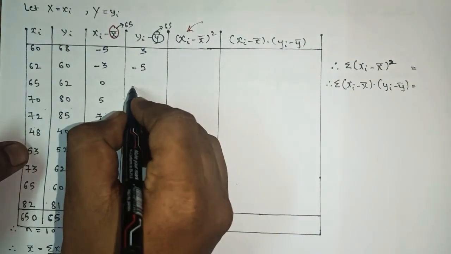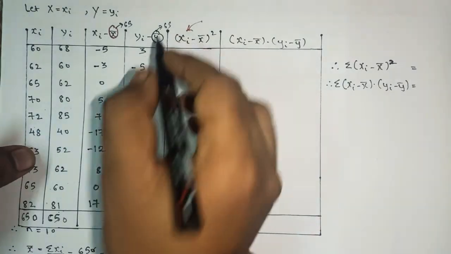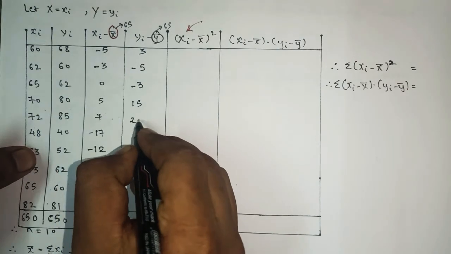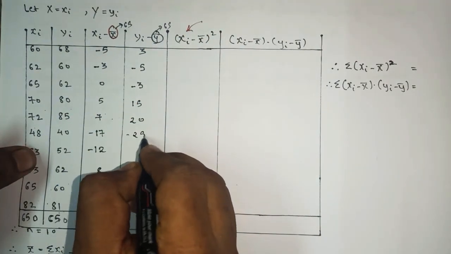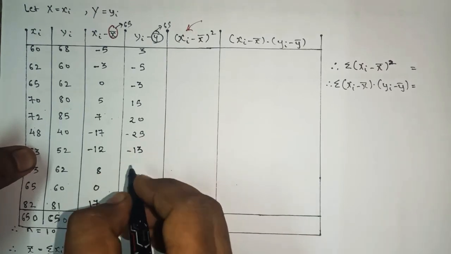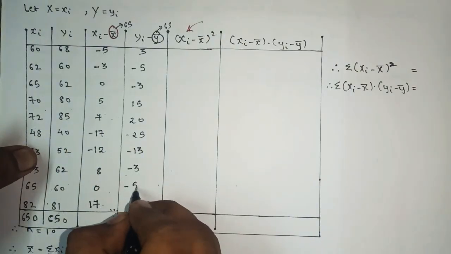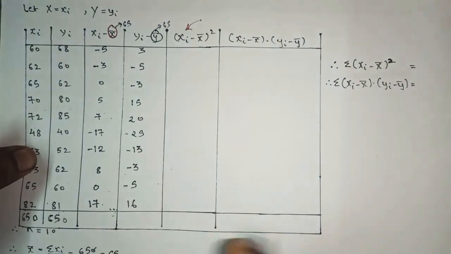Then this will be minus 3, 15. 85 minus 65 is 20. Then this will be minus 25, minus 13, minus 3. 60 minus 65 is minus 5, and then 81 minus 65 is 16.